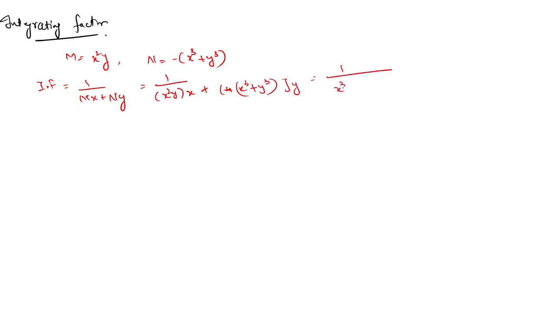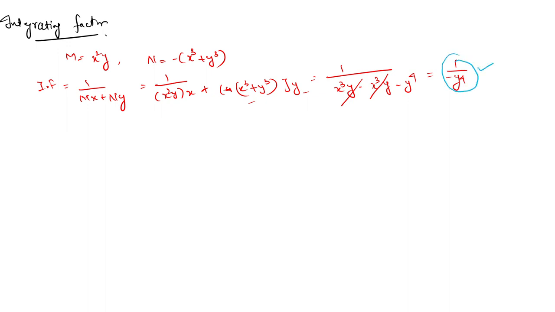So here x³y minus x³y cancels out, and again there is y raised to power 4. You will be left only with minus y⁴. So now this is our integrating factor.